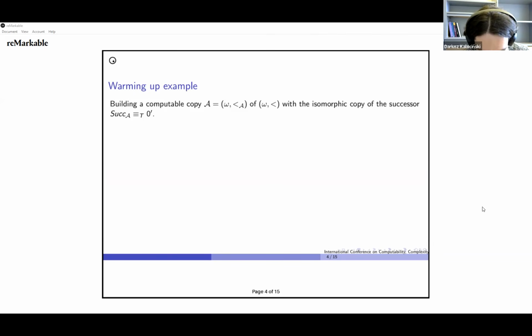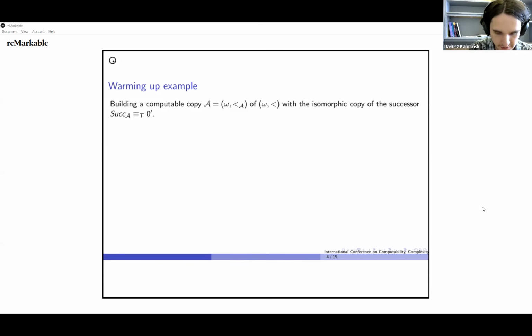Okay, and I'd like to show a very simple example, I hope it won't be boring for the audience, to show how going to a different computable copy of a structure can drastically change the complexity of a relation or function.